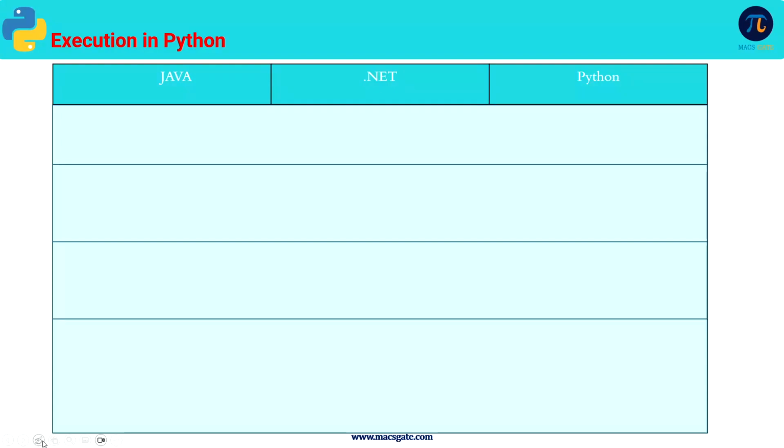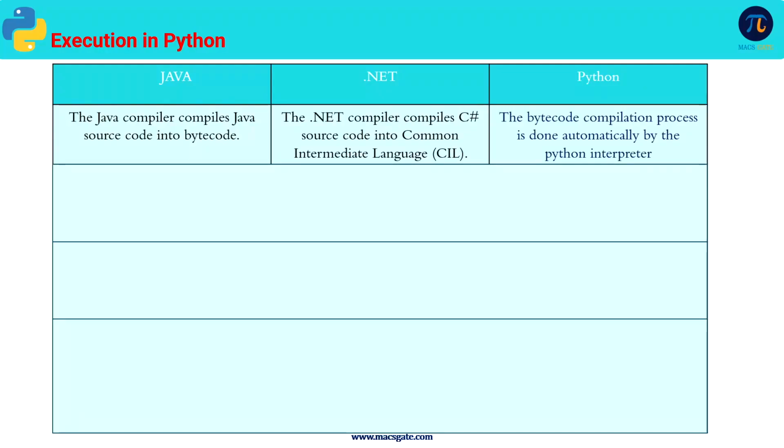Now, if you consider Java, .NET and Python. The Java compiler compiles Java source code into bytecode, and in .NET, the .NET compiler compiles the C# source code into CIL, that is Common Intermediate Language. See, even in Python, the bytecode compilation process is done, but it is done automatically by the Python interpreter.